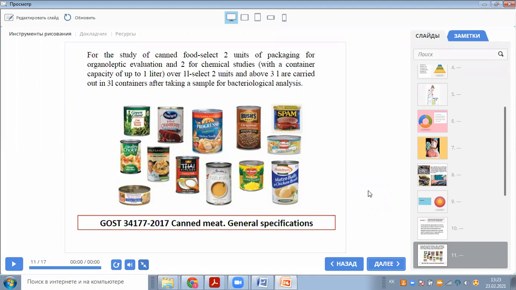Over 1 liter, select 2 units, and above 3 liters, tests are carried out in 3-liter containers after taking a sample for bacteriological analysis. For studying canned products, use GOST 34177-2017, and the name is Canned Meat, General Specifications.